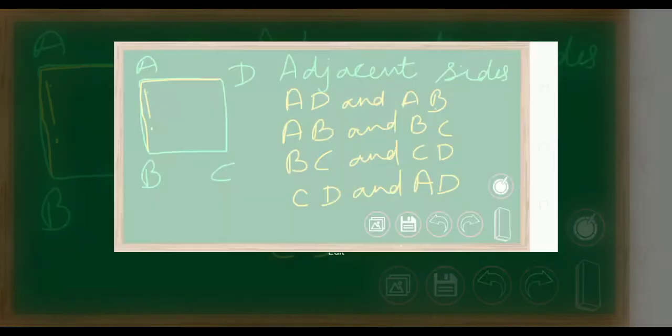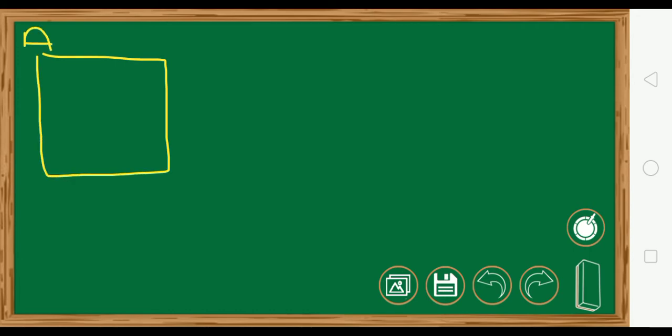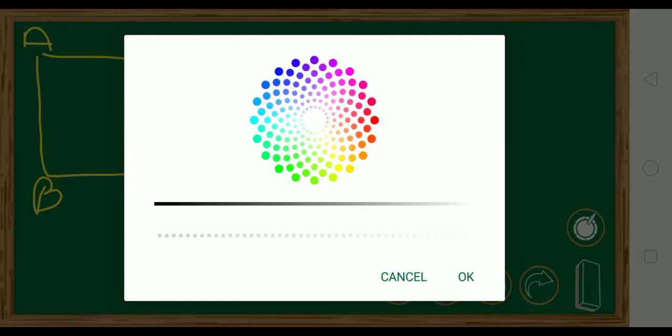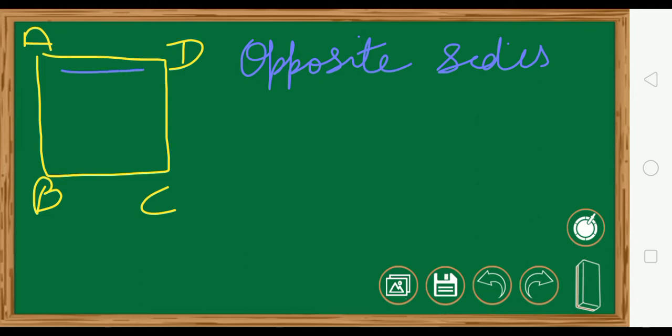Now we will see the opposite sides. Again the same figure, A, B, C and D. Now opposite sides are not joined to each other. Here AD and BC, they are opposite.